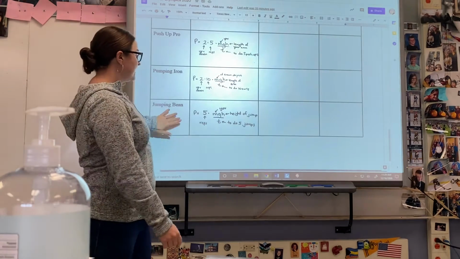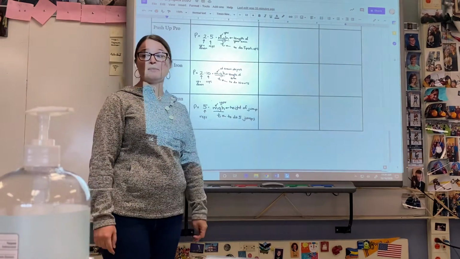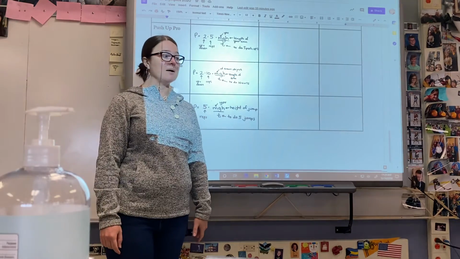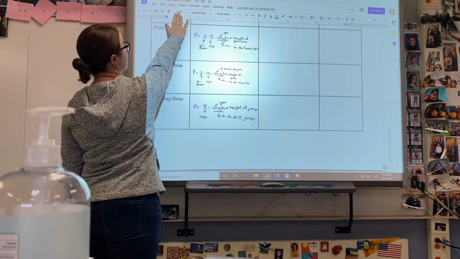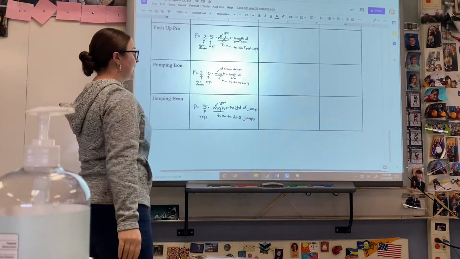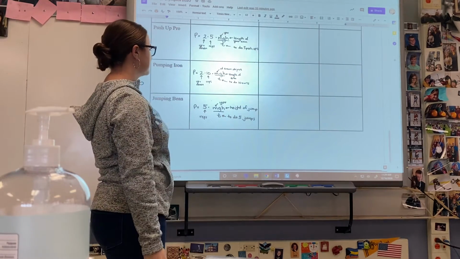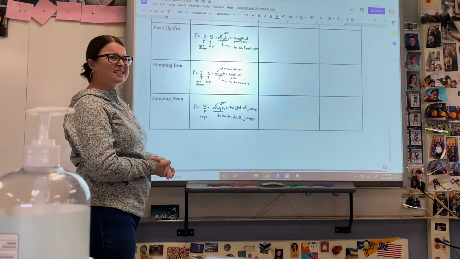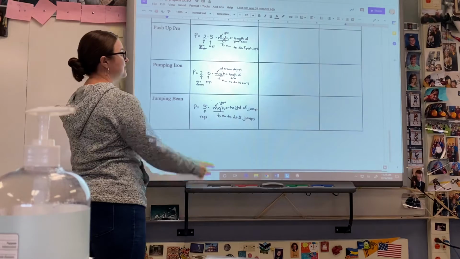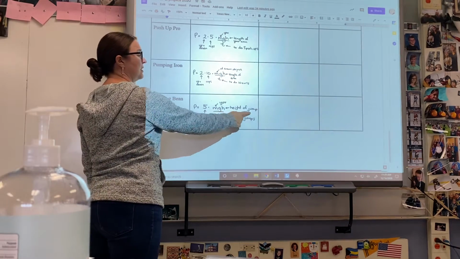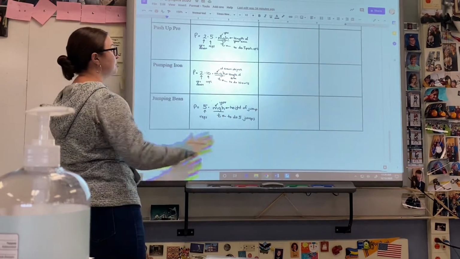And last but not least, you're going to do the jumping bean. For me, I'm going to make a mark here as to where I can reach. So I can reach right here at the 150. And I'm going to do this 5 times. I think earlier I said 10 times for this one, but let's do 5. So 5 times, it's going to be the mass of you, the height of your jump, and the time to do 5 jumps.